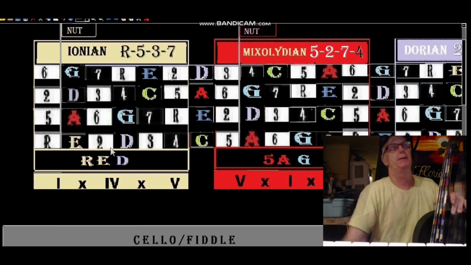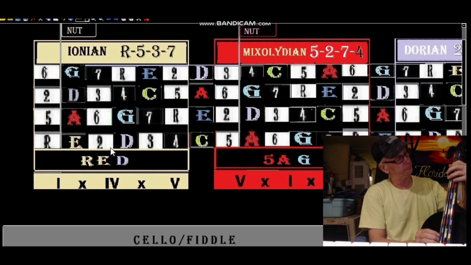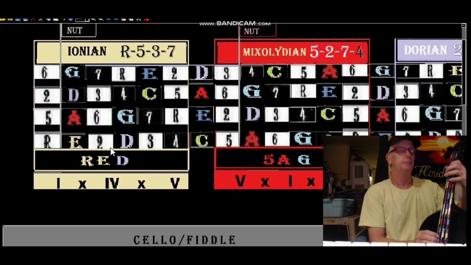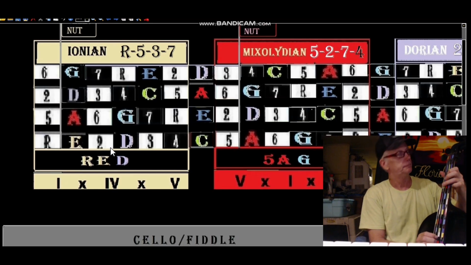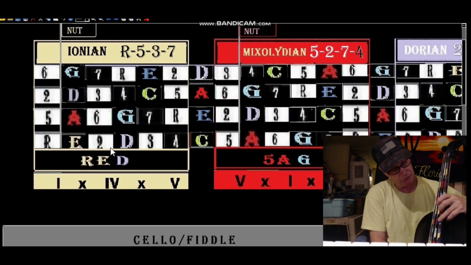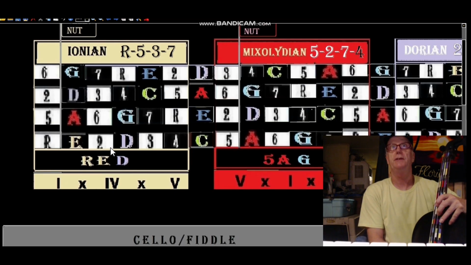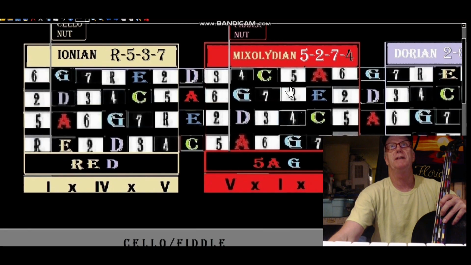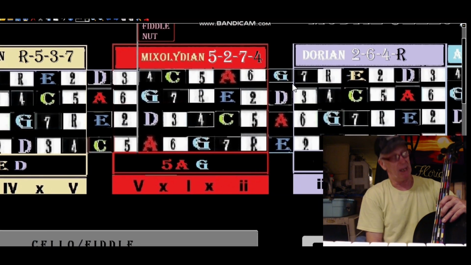So let's try that pentatonic. 3, 5, 6, root. Now this 3, 5, 6, root is the top of the pentatonic of the Mixolydian box.